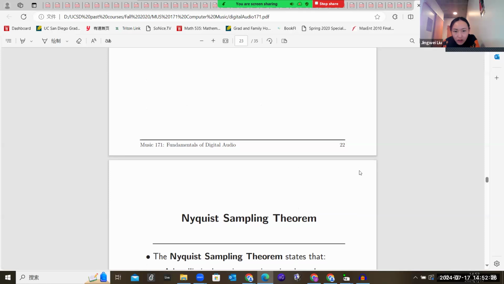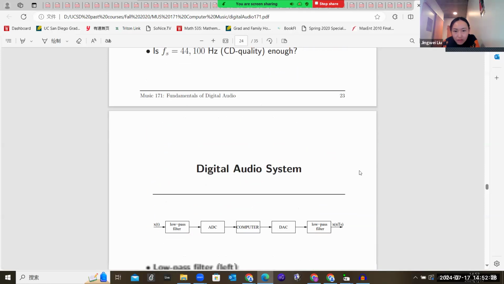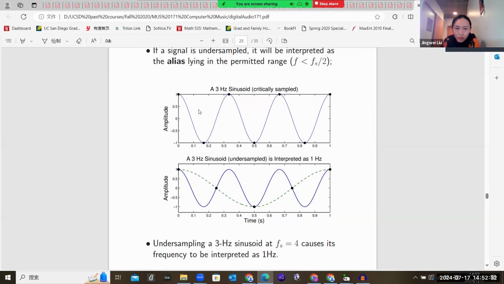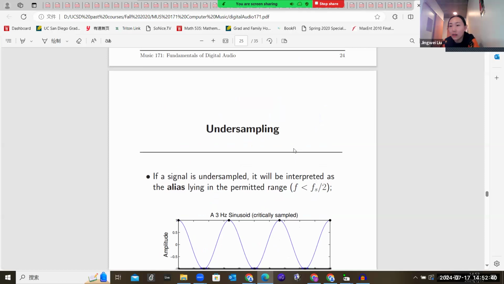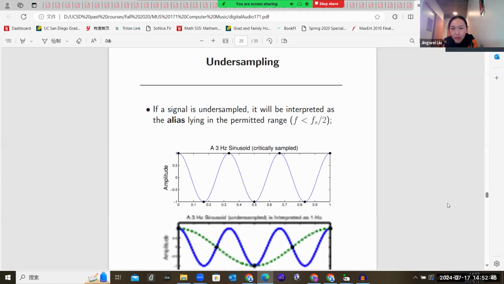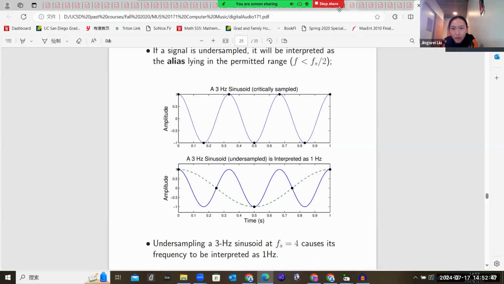Okay, so this is what I want to talk about. This is aliasing. Why does aliasing happen? We just saw in the video, and also as said, there is a fold over.